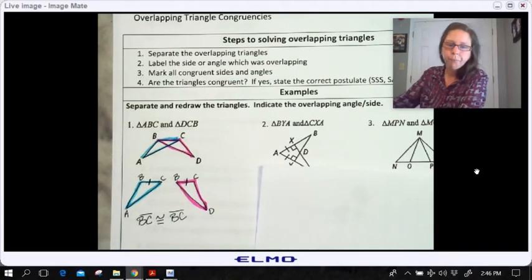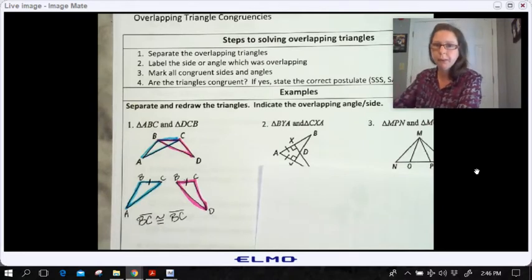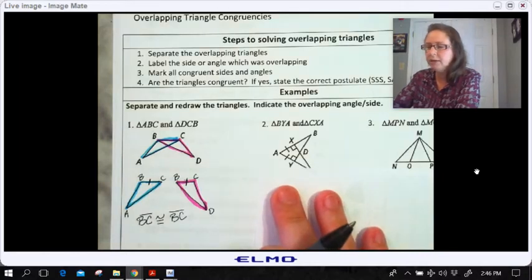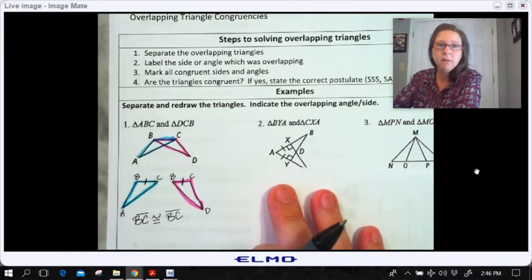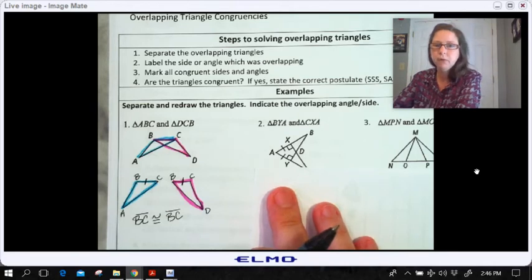And then hopefully later we'll be able to determine, are the triangles congruent? We don't have enough information in this particular problem to determine that, okay? So for the first 3 examples, all I really want us doing is practicing steps 1 through 3. Separate them, label the sides or the angles, and then mark all of the congruent sides or angles.